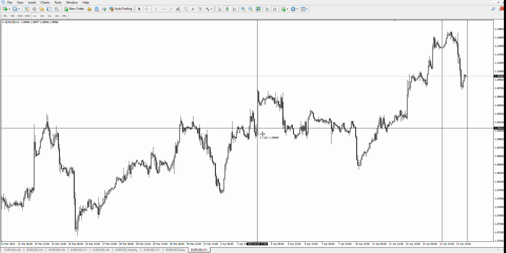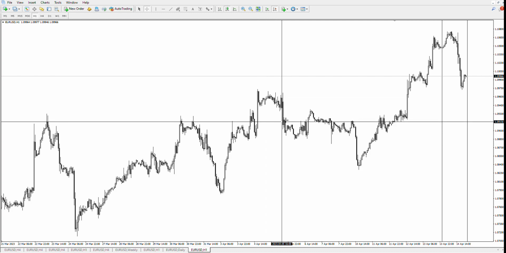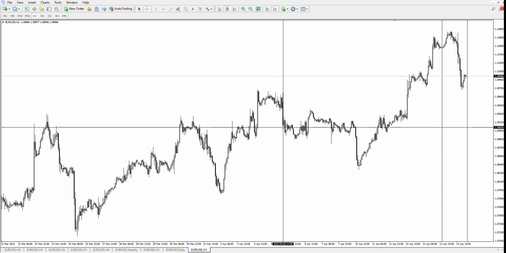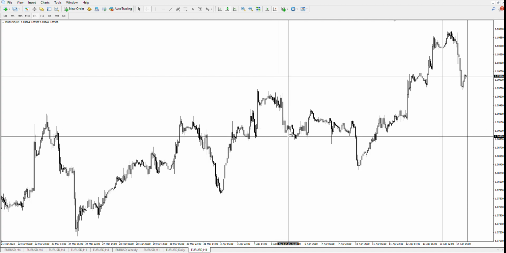ICT goes specifically to this one candle, calling it an order block as a reaction point when price returns back to fill the fractal, to fill this inefficient price move, to complete the fractal. So this fractal got completed, the inefficient price move got filled all the way to the base, to the order block.